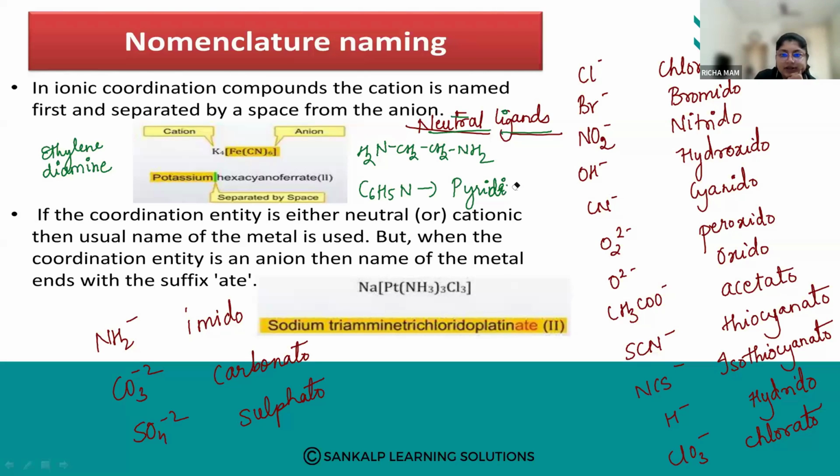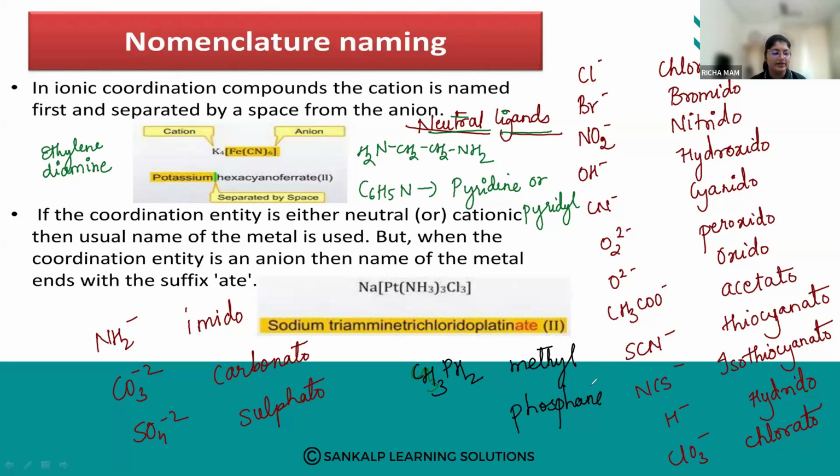Then one more, CH3PH2, it is methyl phosphane. So these are some examples of neutral ligands.